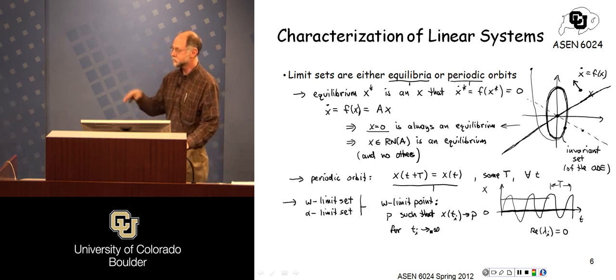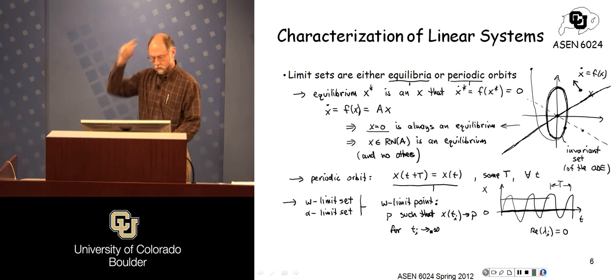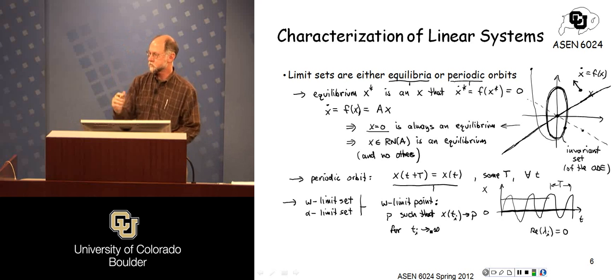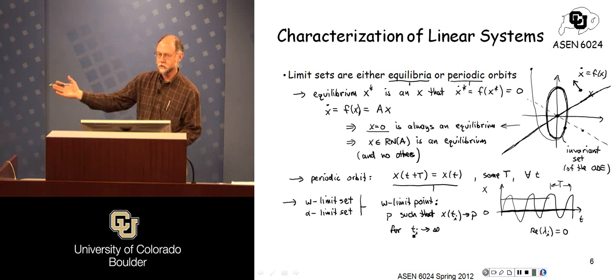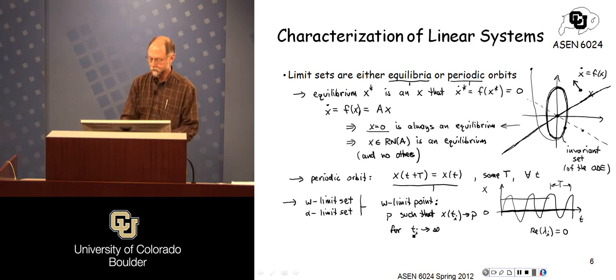So t_i is a sequence of time points. It doesn't say it has to be regularly sampled time points, but just time points that end up at infinity. So a point P is an omega limit point if the solution to the state space system converges to P as these time sequences go to infinity.